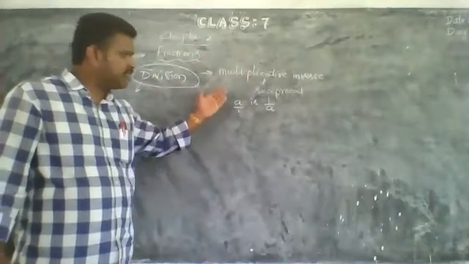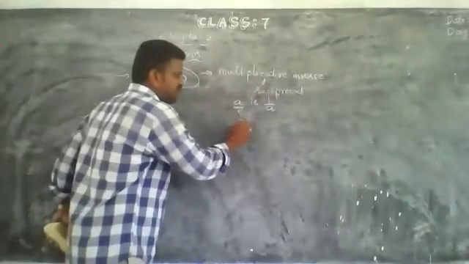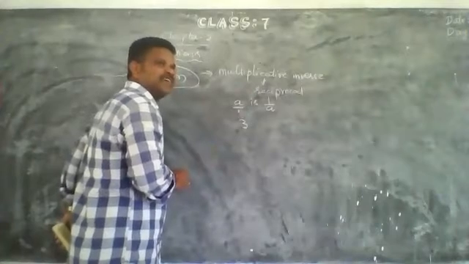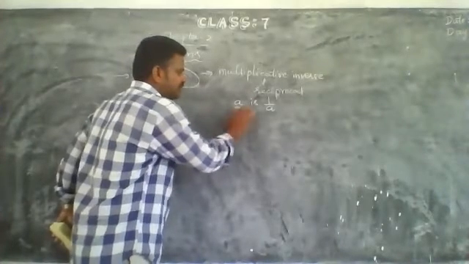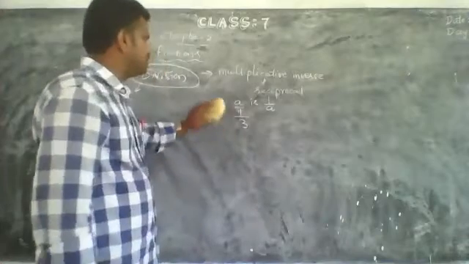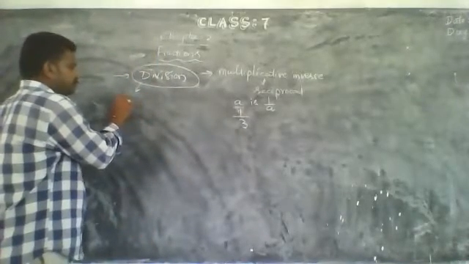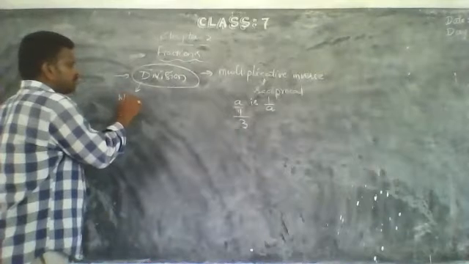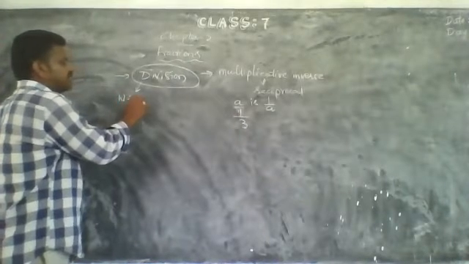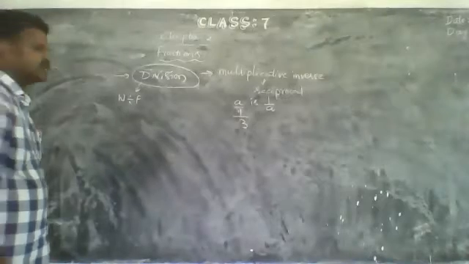So the reciprocal of A is 1 by A. If I write the reciprocal of 3, it is 1 by 3. The reciprocal of 1 by 3 is 3 by 1. That's good. See, first of all, whole number divided by fraction.